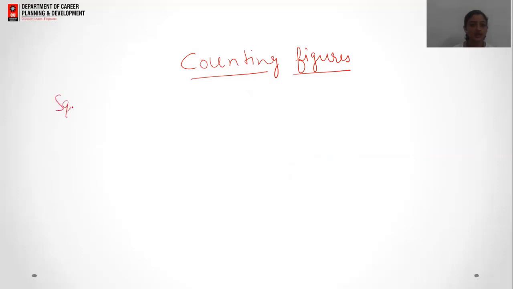Now we will do the questions related to counting figures. Basically, 3 types of counting figures are there. First is we need to count the number of squares or rectangles.